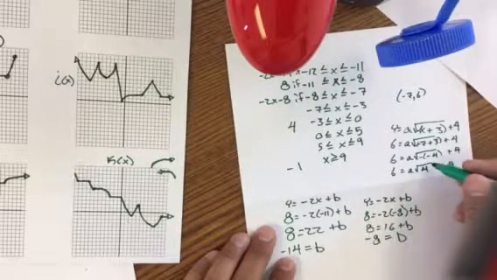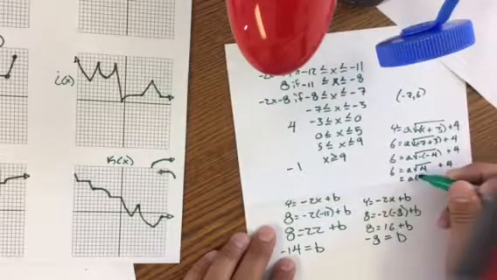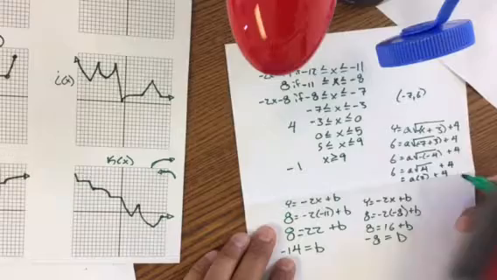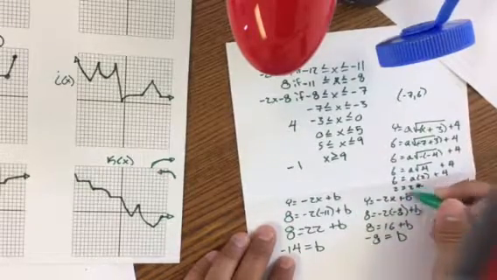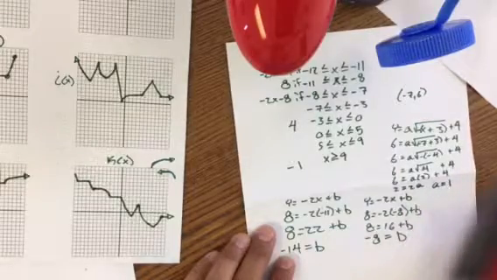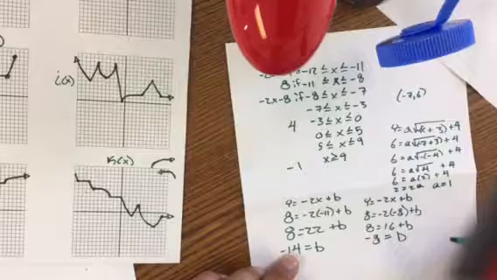Square root of 4 is 2, so we're going to get a times 2 plus 4. I'm going to subtract the 4, and then I'm going to divide by 2. So a actually equals 1. This one, we have an a of 1 and a b of negative 1.